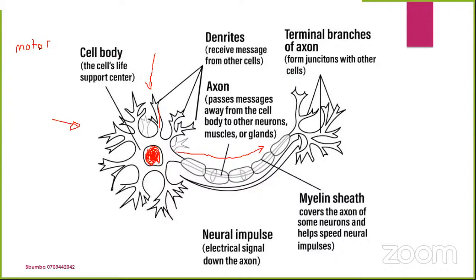I'm not getting your question, but what you are seeing here is the structure of the motor neuron or the motor nerve cell. There are three types of motor nerves. I don't know whether you were here last time during our last lesson.